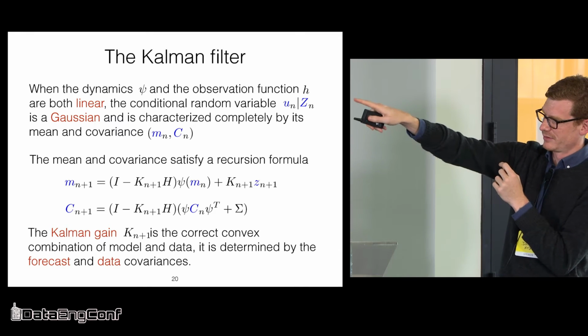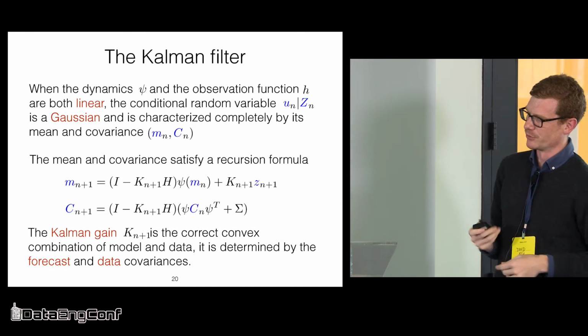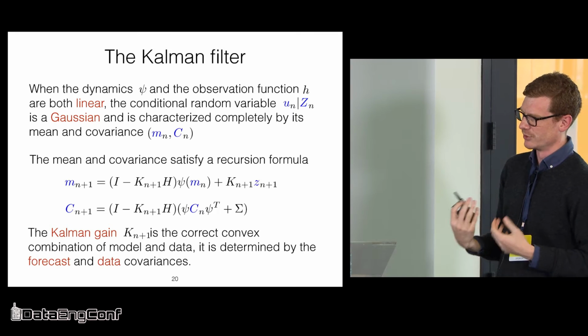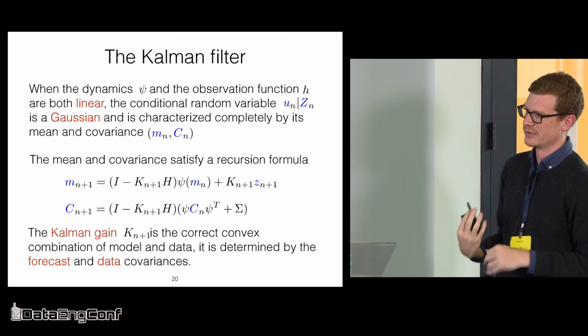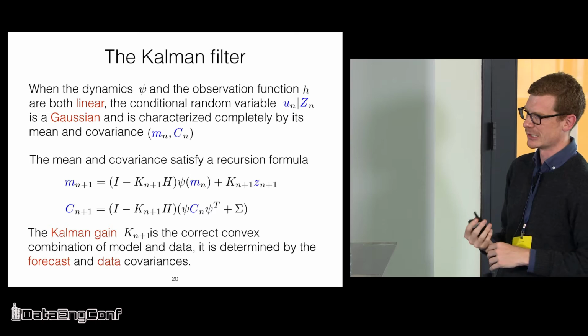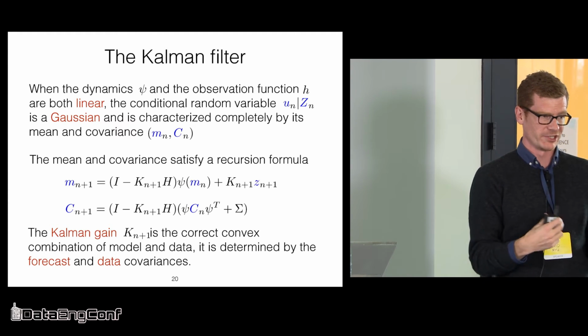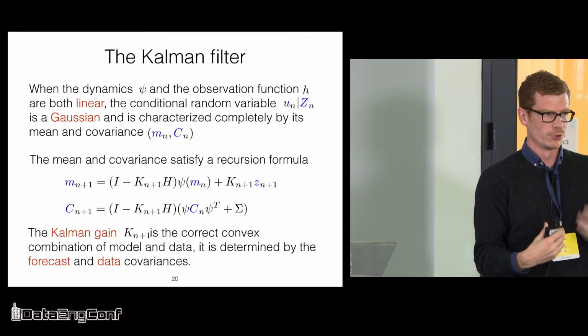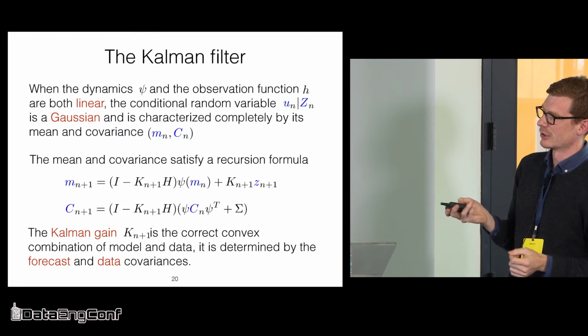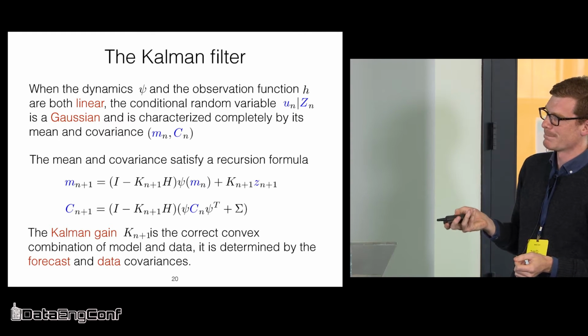This matrix Kn plus 1 is called the Kalman gain, and this is really the correct choice of convex combination for your model and your data. It's determined by the covariances in your observation and in your forecast. I'll go back to the picture to explain what I mean.